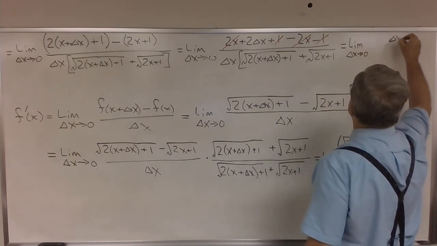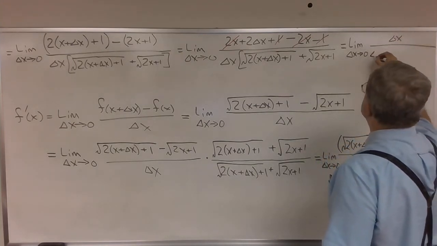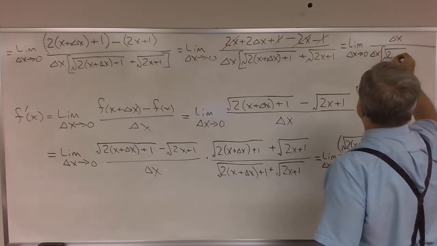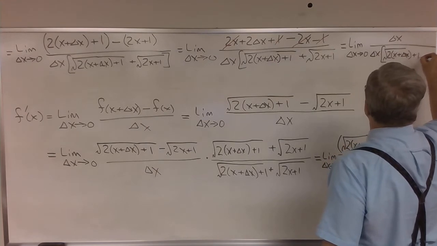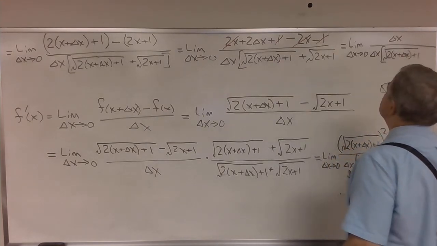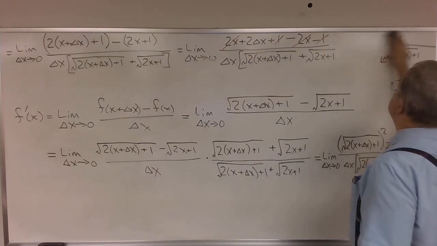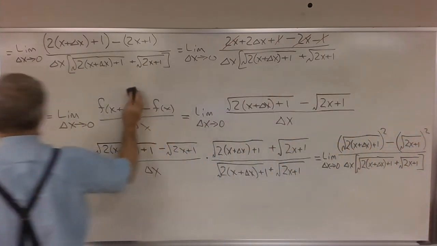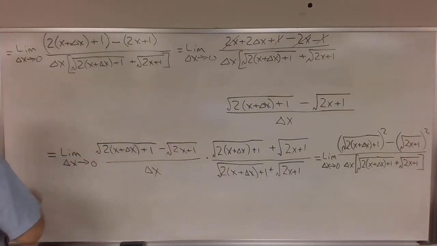I have a delta x on top and a delta x on the bottom. Square root of 2x plus delta x quantity plus 1. You know what? I'm not going to have enough room to write this, so I will just continue on the line below.